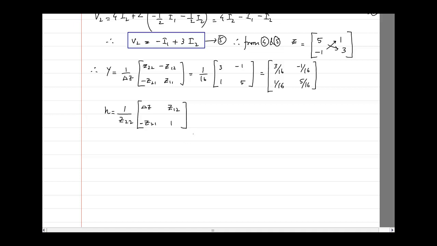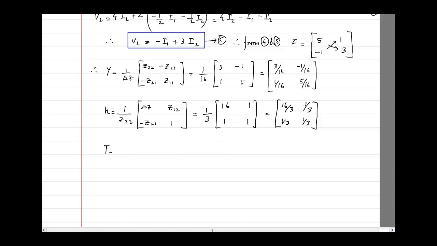So what is z22? Z22 is 3. So 1 by 3 within bracket, delta z is 16, we already found out. Z12 is 1, minus of z21 is going to be plus 1, and this is again 1. So I can write this as 16 by 3, 1 by 3, 1 by 3, and 1 by 3. So I have found out the h parameter directly from the z parameter.